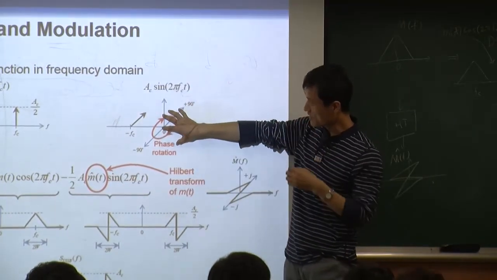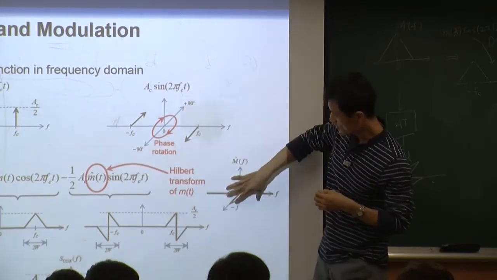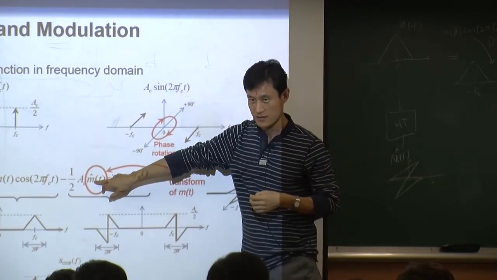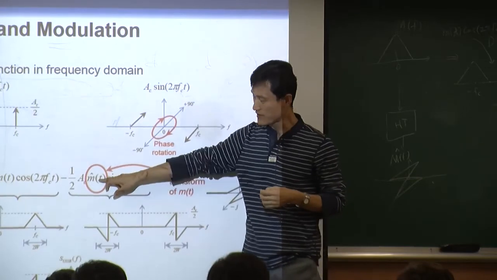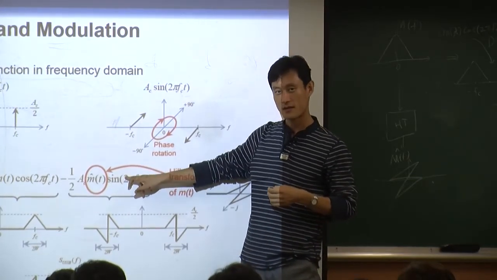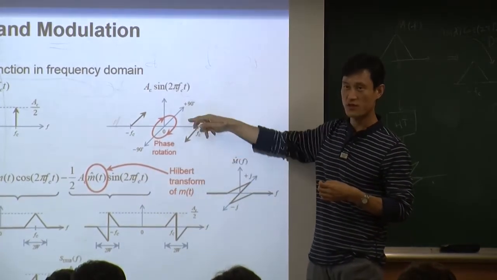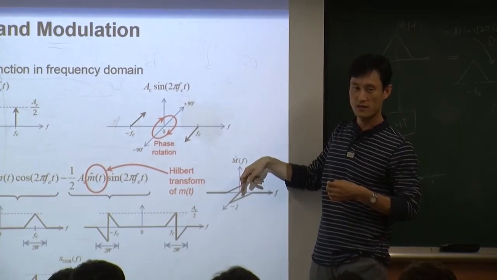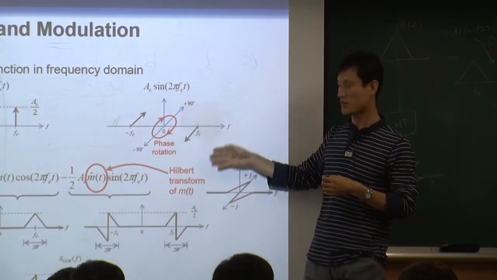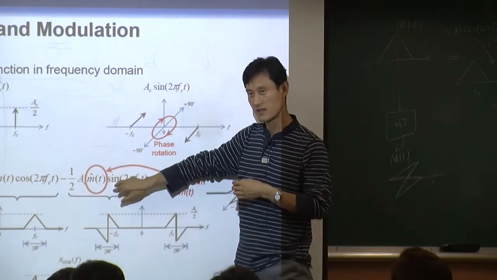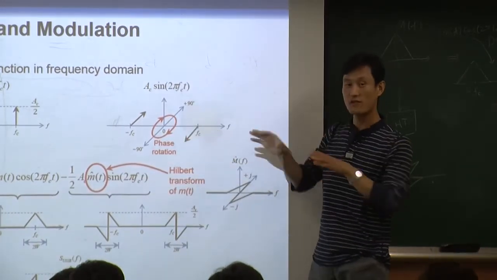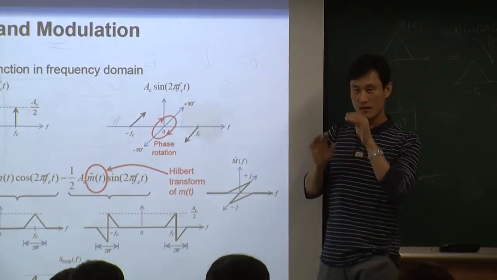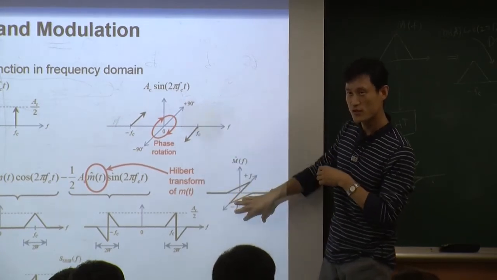And we are looking at the frequency domain of sine and frequency domain of m hat t. Multiplication of two different signals in time is going to be convolution in frequency, right? It's not multiplication of these two, because in time domain it's multiplication, in frequency domain it's a convolution, right? So let's do convolution of these two.